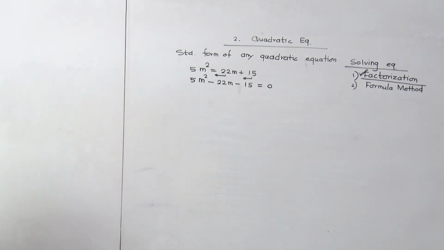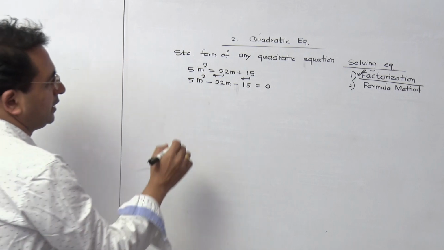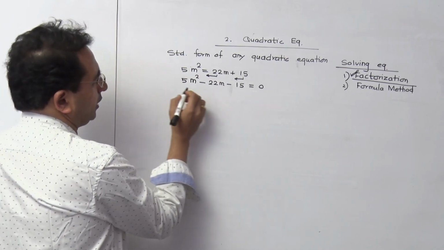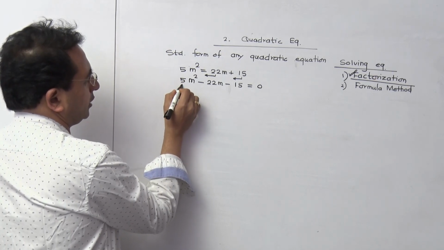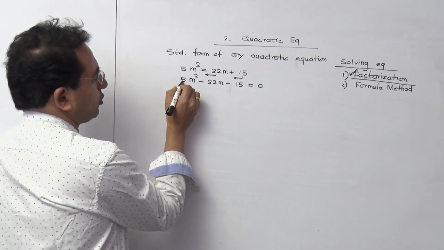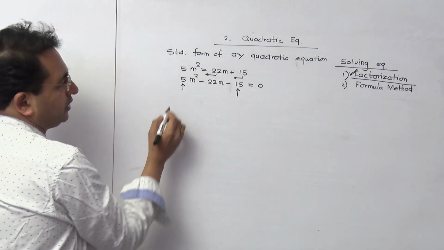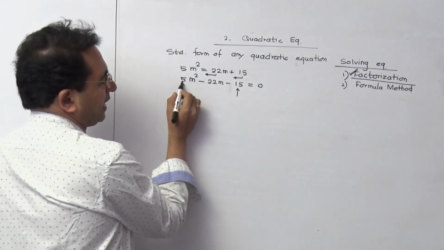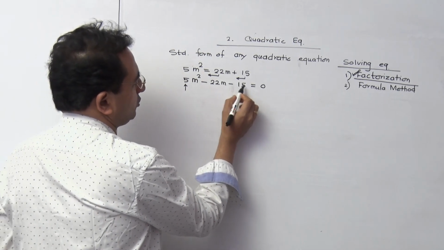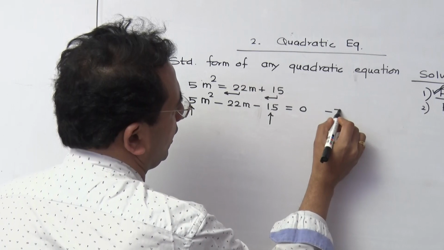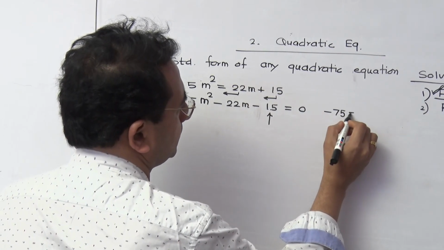Now, as all of you know, once you write this equation in standard form, we have to check what is the coefficient of m square and what is the last term. This is 5 and this is minus 15. So we take the product, and that product is minus 75.